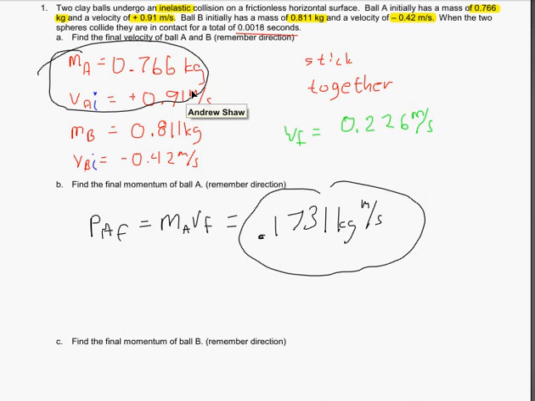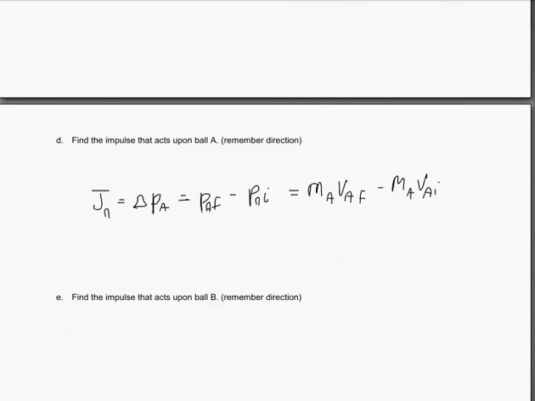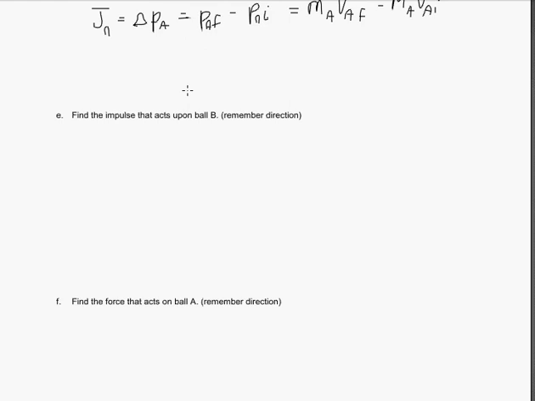And I get an impulse equal to, and once again guys, I could be making a mistake. If there's some problems, I apologize. I got an impulse for A equal to negative 0.5, let's stop that, 0.524, something like that, kilogram meters per second.